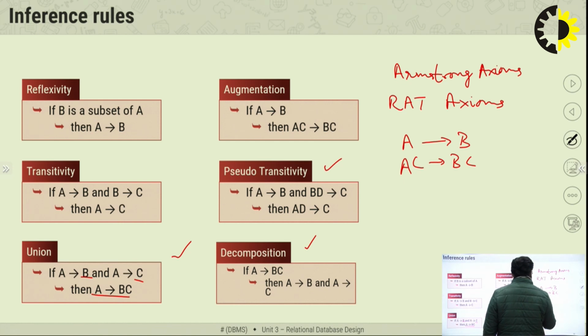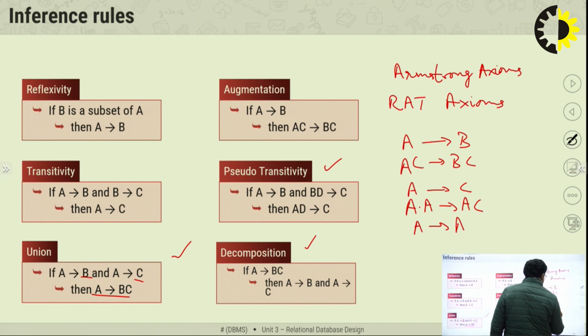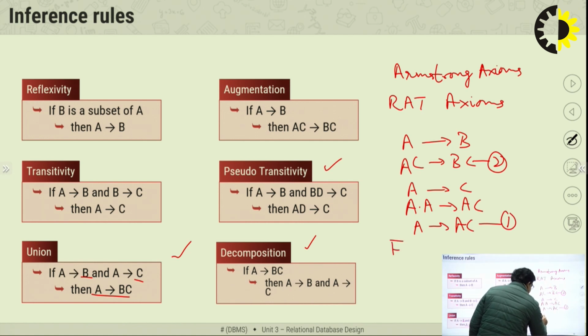Now A determines C, right? Then we can say that A determines AC. Now this is second and this is first. From first and second, using transitivity rule, we can say that A determines BC.